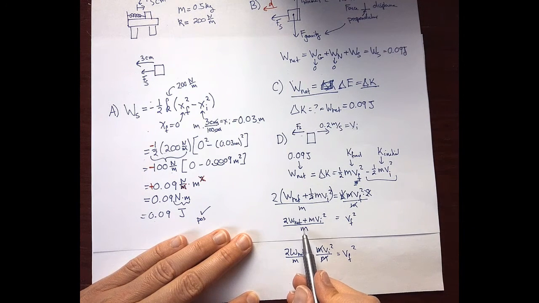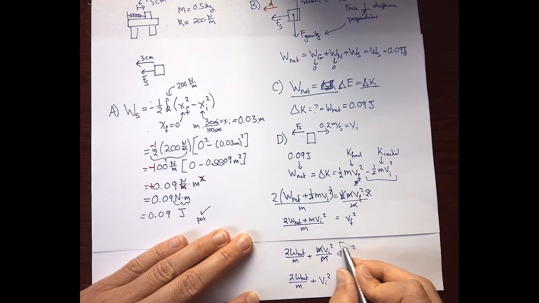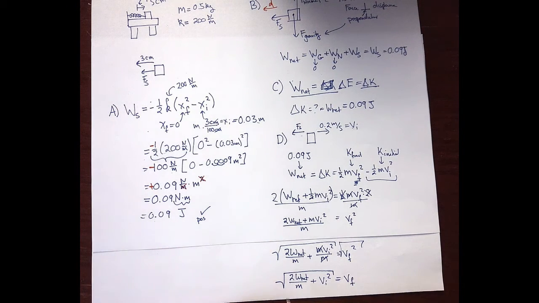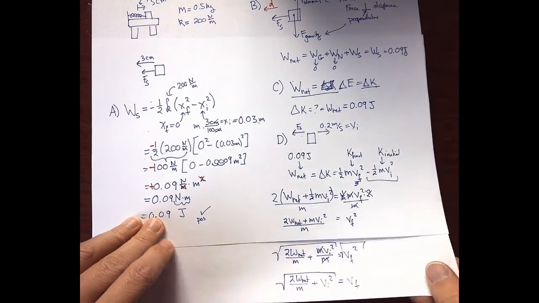So gotta be careful. It's very tempting to just cancel these masses here, but you can't do that because there's no mass in this term. So we get 2 times the net work over mass plus the initial velocity squared. And we're going to take the square root of both sides because what we want in the end is the final velocity. And now we can go ahead and plug in for these quantities.